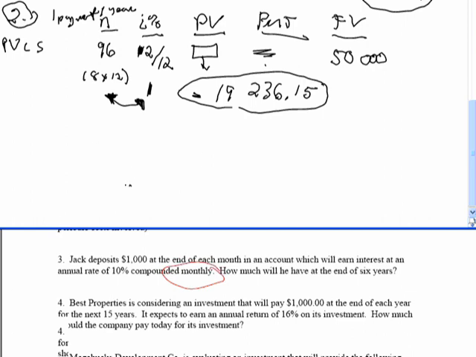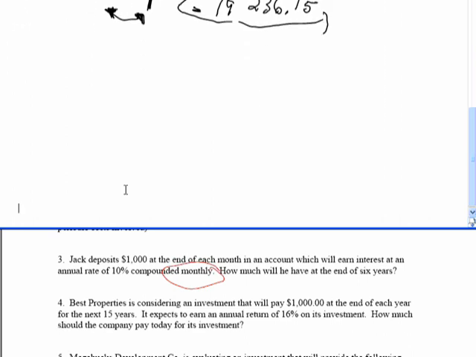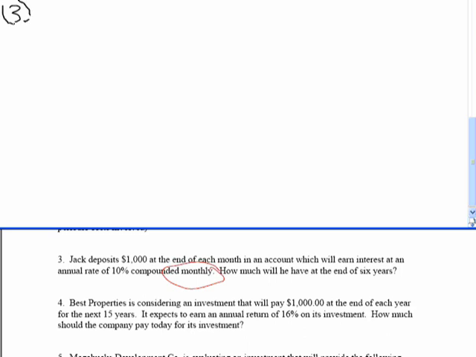So let's get a little bit more room here. And we're looking at problem number 3. Again, make sure your calculator is still set on 1 payment per year in end mode. And what are we solving for here?